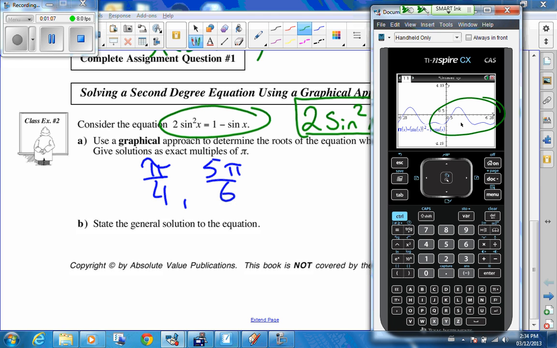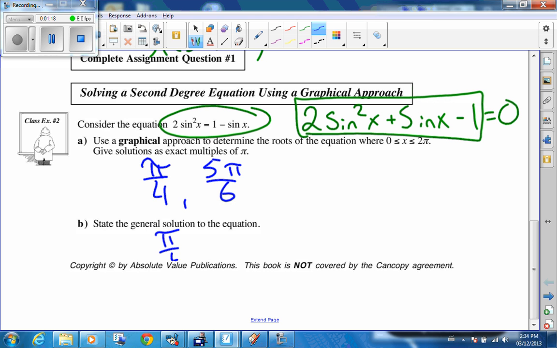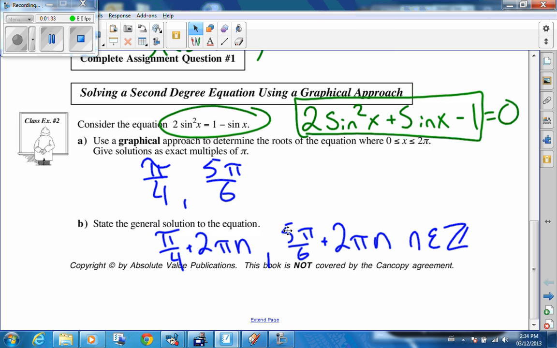Okay, so my general solution would be pi quarters plus 2 pi n and 5 pi sixths plus 2 pi n, n is an element of the integers. Let's see if I did that correctly reading the points off my graph.